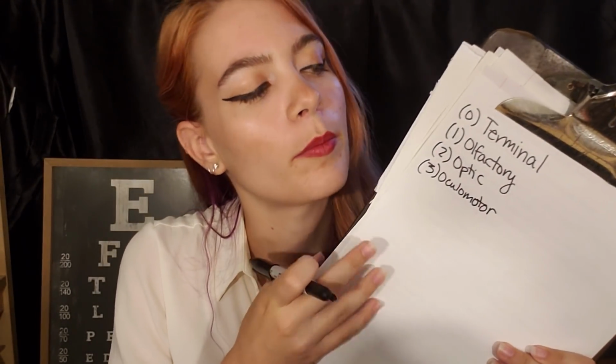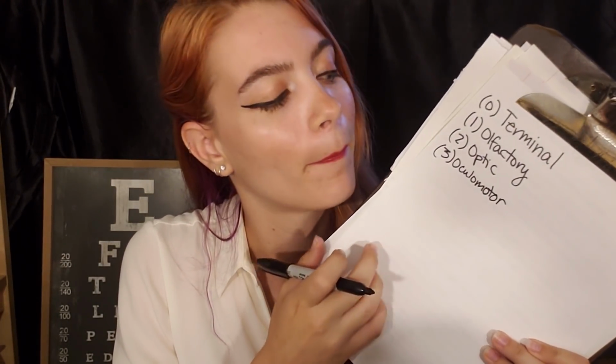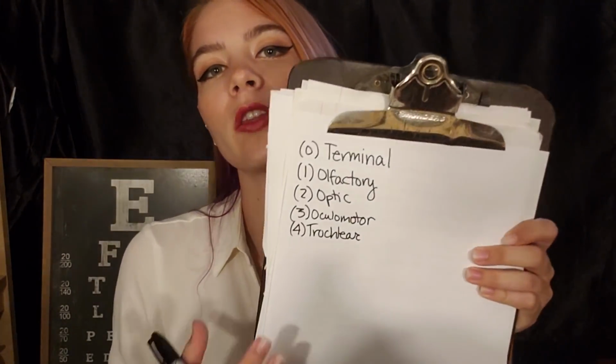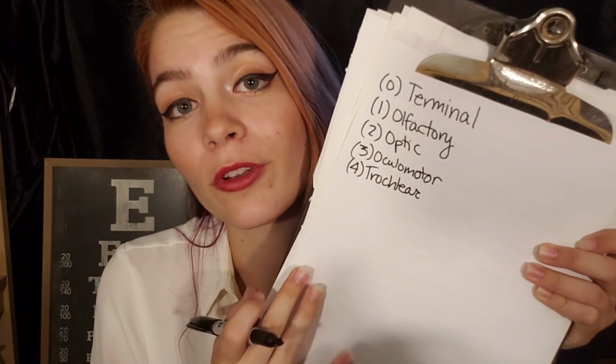The third being the oculomotor. The fourth is the trochlear nerve.